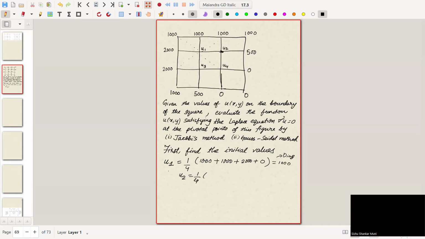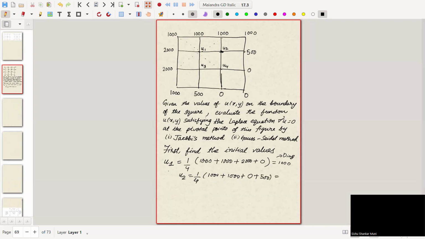The standard 5-point is 1 by 4 of this plus this plus this plus this. So 1 by 4 of 1000 on the top. U1 is just calculated going this way: 1000 already known, plus U4, we don't know, plus this one, 500.